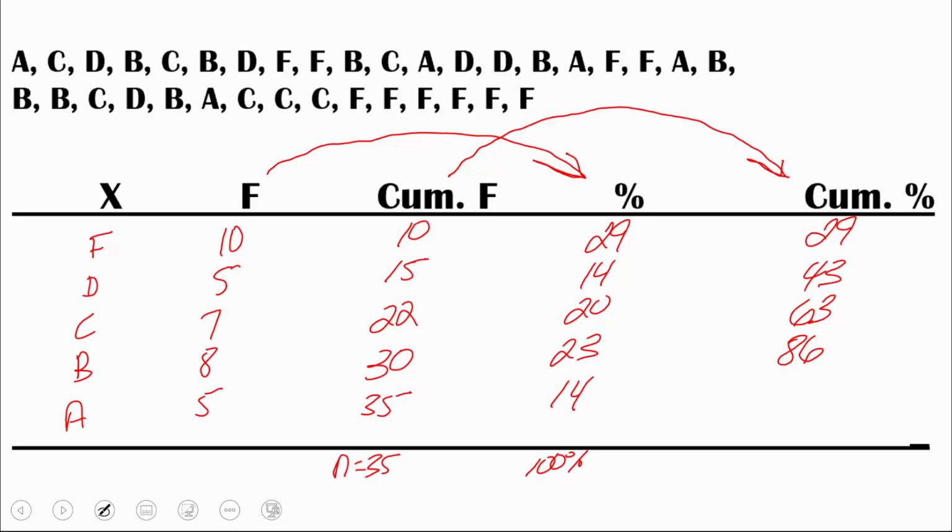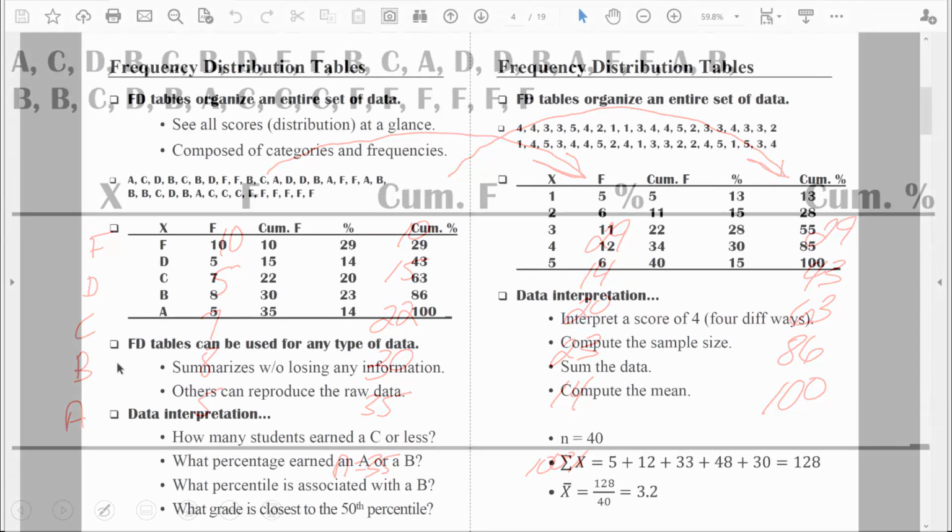We can see that 14% of the students scored an A. 86 plus 14 equals 100%. And we can use that method to check our work. Do you see right here in the cumulative frequency column, 35 students scored an A or less? 35 divided by 35 would equal 100%. So our table is working out well. Everything seems to make sense.